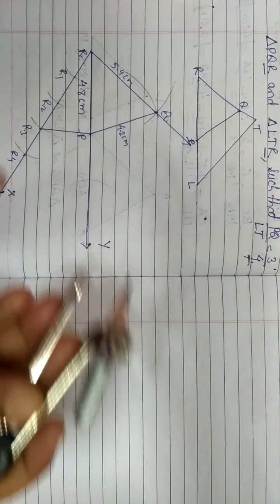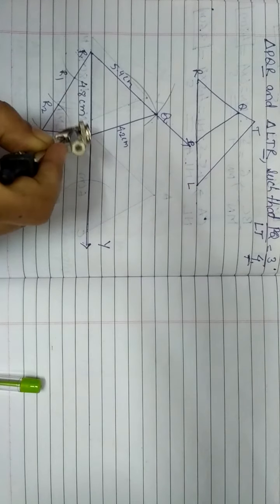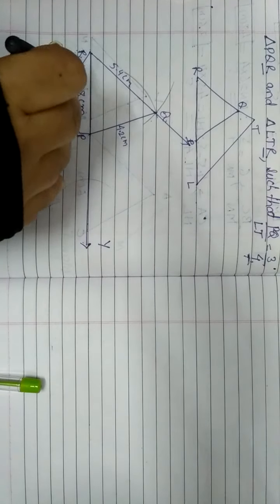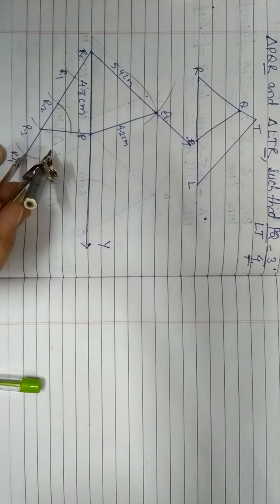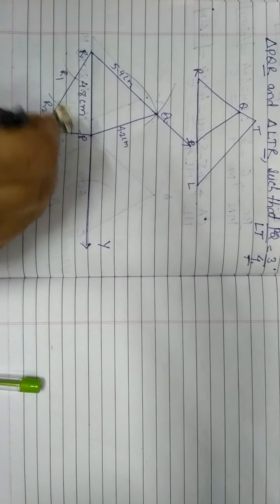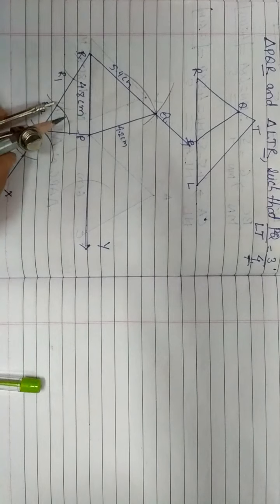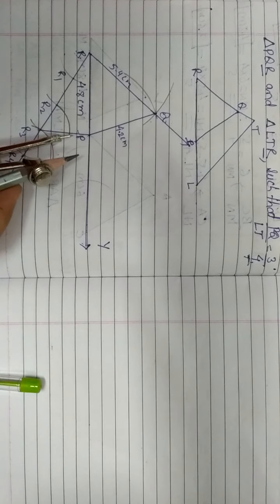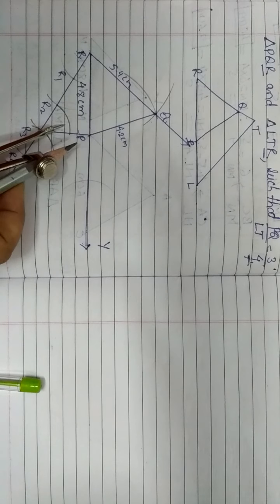You have to take your compass, keep it over here and make an arc of any measurement. Make that arc, then come on to R4 and make an arc. After making this arc, take the measurement from this to this, where ray RX and PR are intersecting.